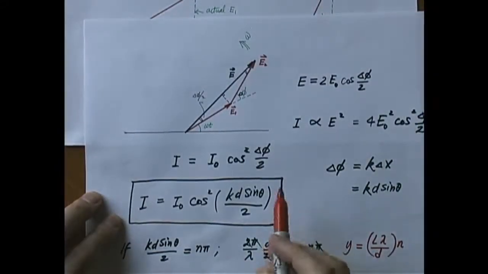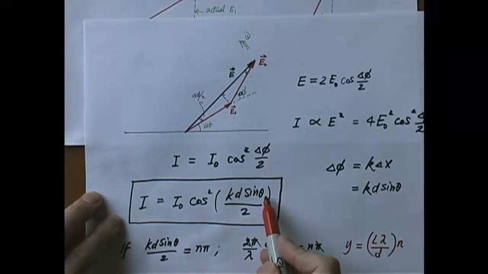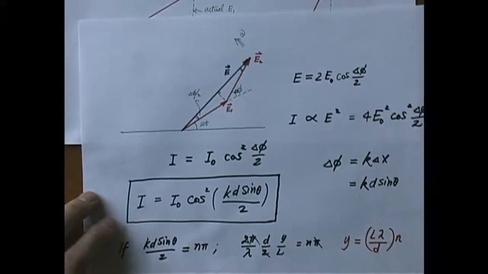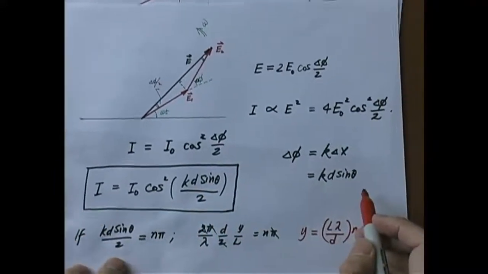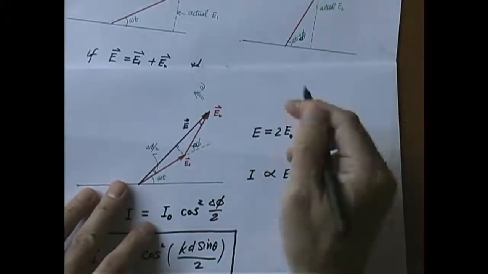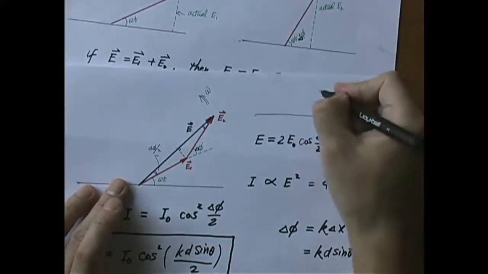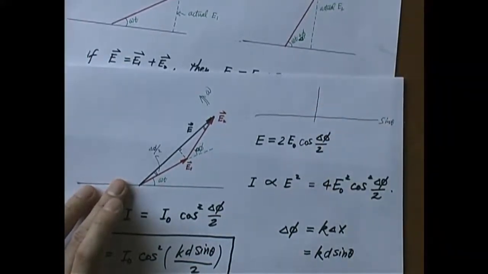You can, for example, plug in theta equal to 30 degrees and look at what is the intensity looking 30 degrees away from the reference line. What is the intensity you can calculate from this function? And in general, when you plot this cosine squared function as a function of sine theta, you are going to get something like this.